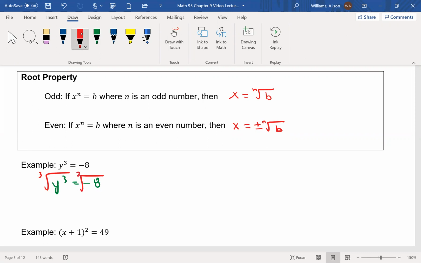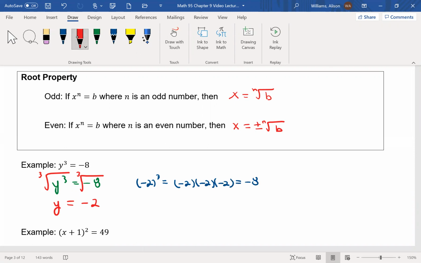On the left side, this just becomes a y. And on the right side, I need to take the cube root of -8. So what times itself 3 times gives us -8? Well, that's -2, because -2 times -2 times -2 is -8.